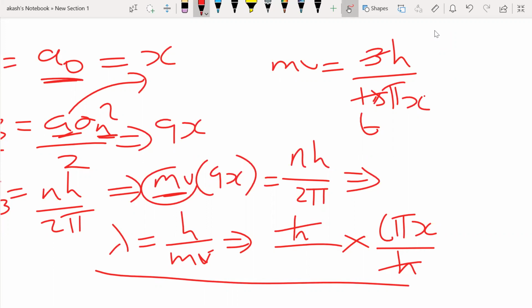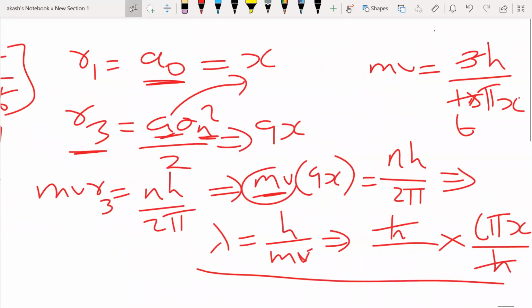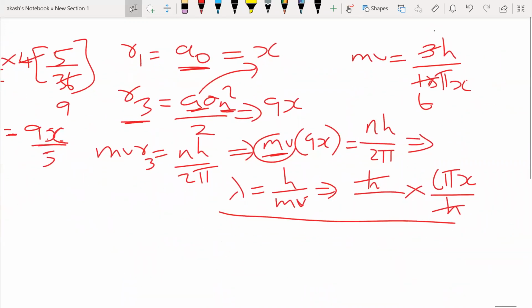Very simple. I told you 3 equations, 3 different formulas. So we use 3 different formulas and I got the answer. Pretty easy. You can just do what I did exactly. So R1 I found a naught, which is equal to x, which is given in the question. R3 I found out to be 9x.